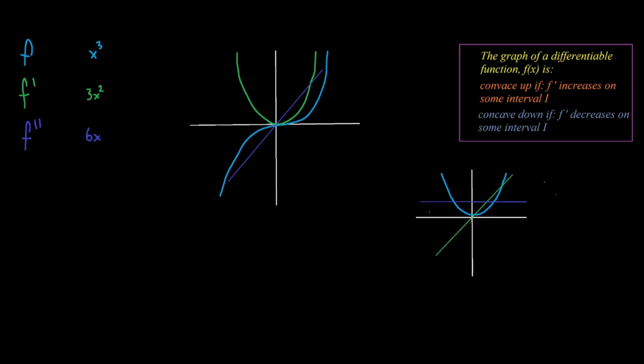Now likewise, if we look at f double prime, we can see it's always positive, and if we look at f, we can notice one other thing. The words I use to describe this may be a little vague, but f is always increasing its slope, if that makes any sense.